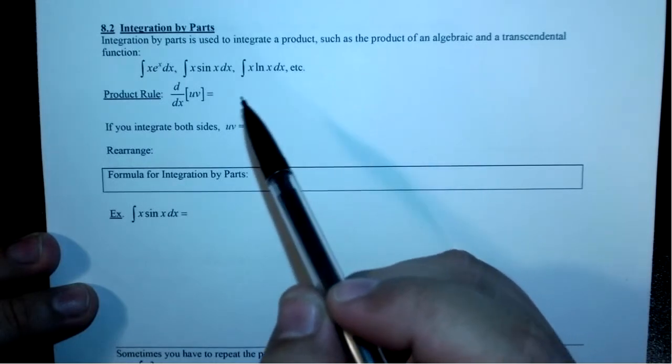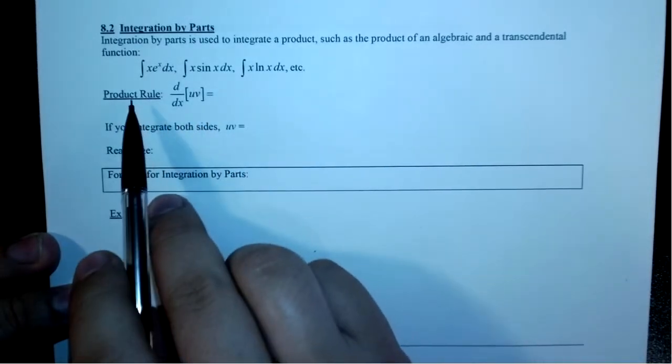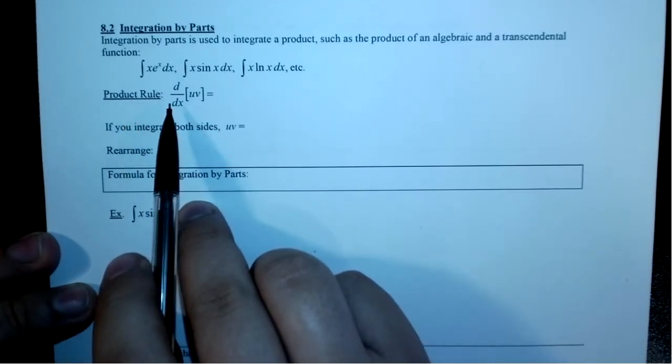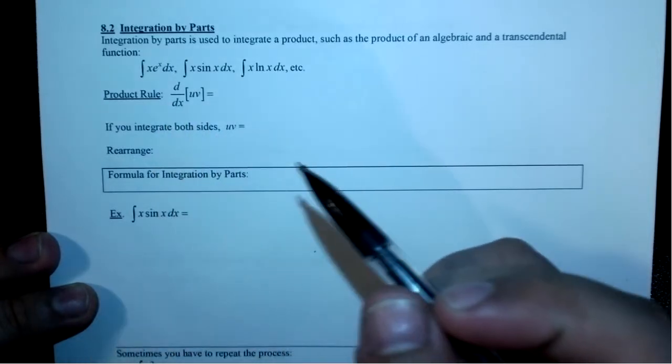So to start off, we're going to go back to the product rule to derive your formula for integration by parts.